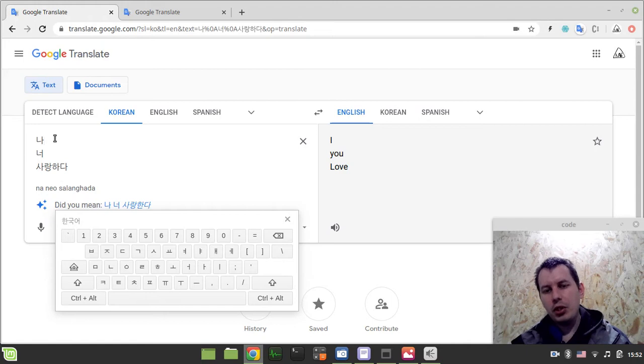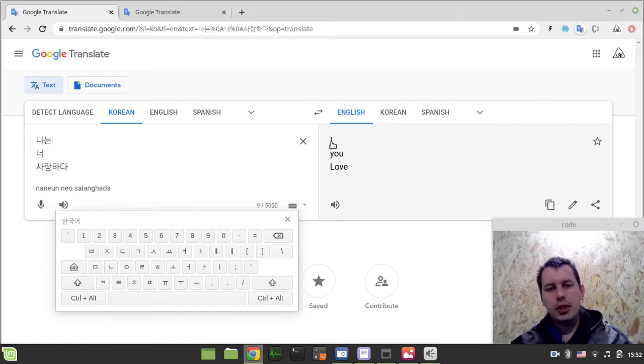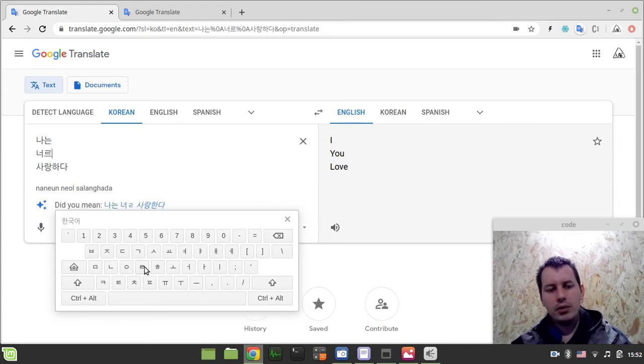So subject marking particle is, well, there are many, but this one is used here. So it's called nun. So like the translation didn't change. So nanun, and you would be rul, and this is how it's spelled. So nanun, neorul, and the verb itself is saranghada.